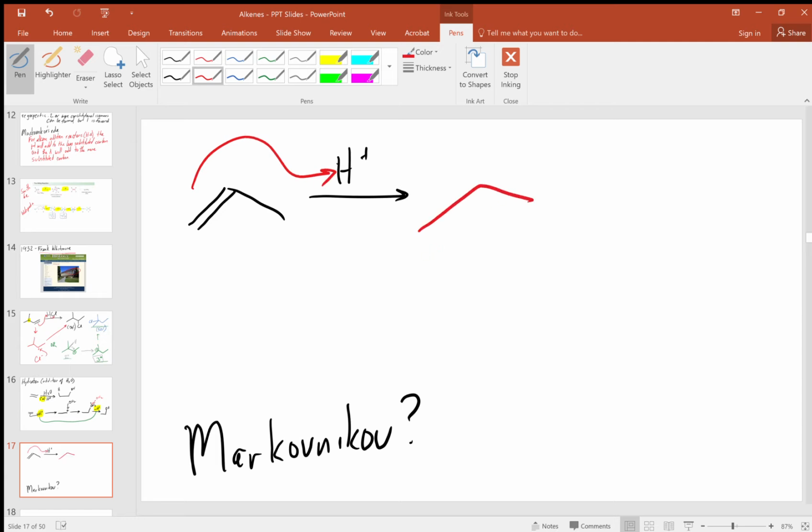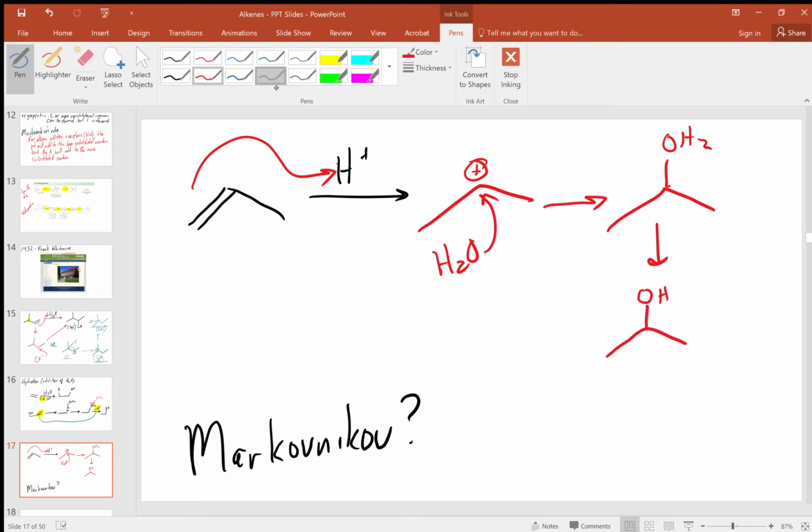That's going to give us a choice of two carbocations, less substituted or more substituted. We know more substituted is more stable. Water then attacks the more substituted carbocation, and then we regenerate our catalyst.